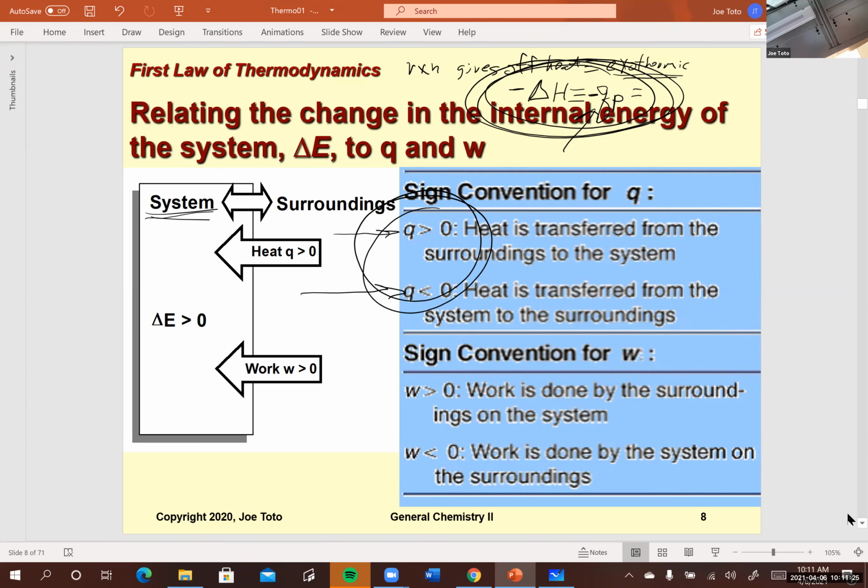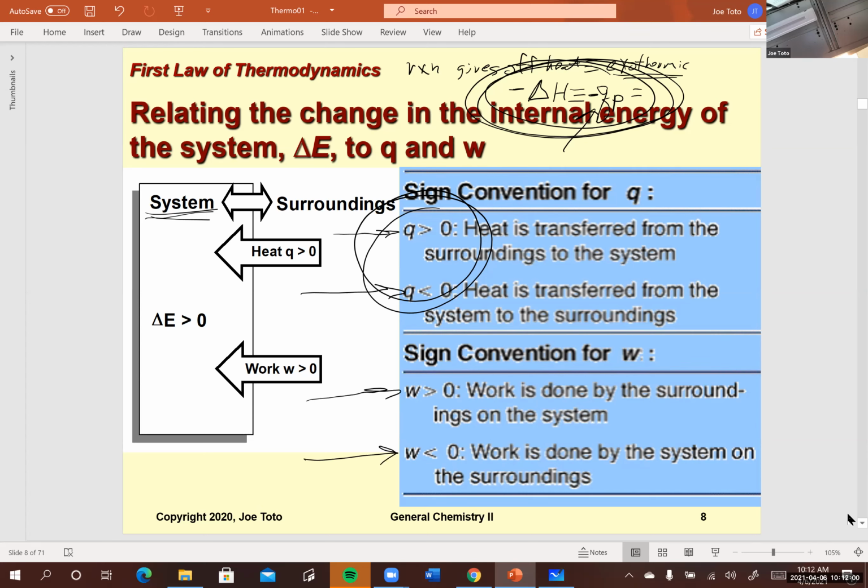All right, now once you rationalize that, then it's easy for work, because work's the same way. When the system does work, it gives work, that W is negative. When something does work on the system, then the work is positive. Okay, so that's what these guys say down here.